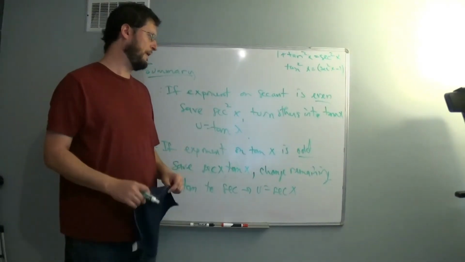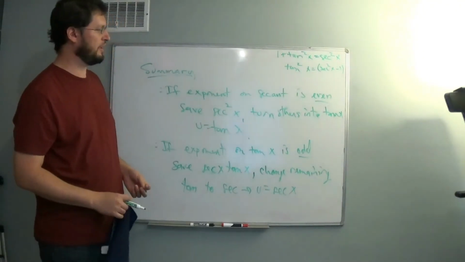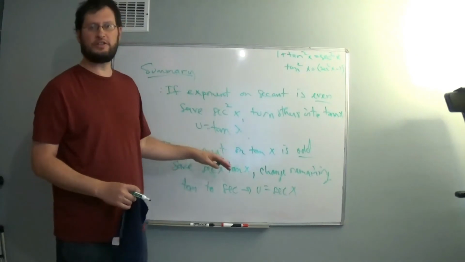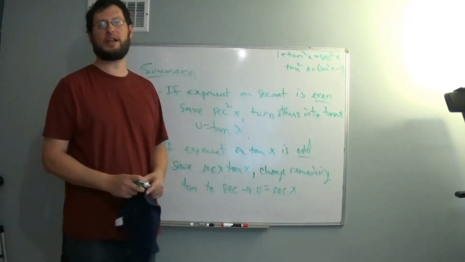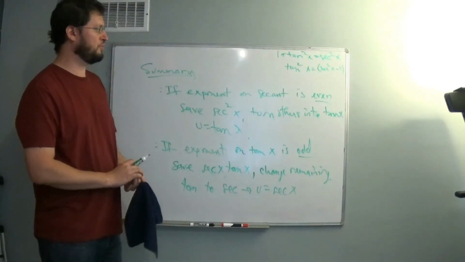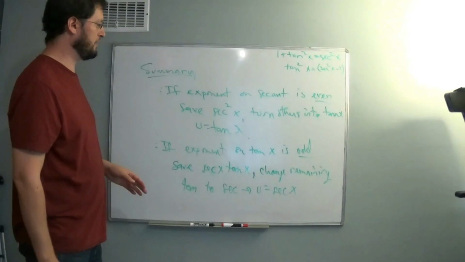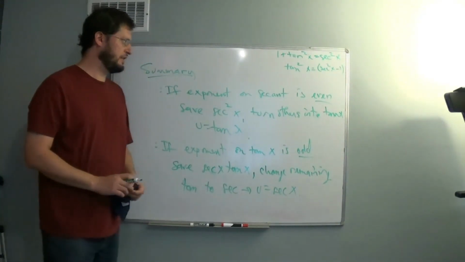We have to use some other less obvious trig identities. So I'm just going to have you make sure that you understand how to do these two types. Just recognize that it's not exhaustive. There is a third option out there if you need to look at it. But for this class, these are the only two we're going to worry about. All right. See you next time.